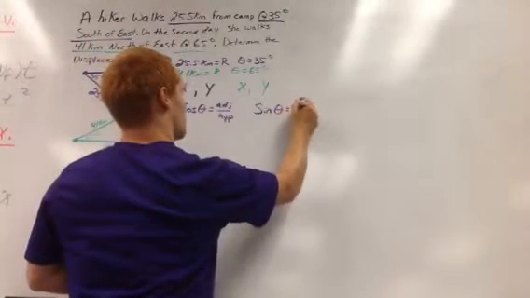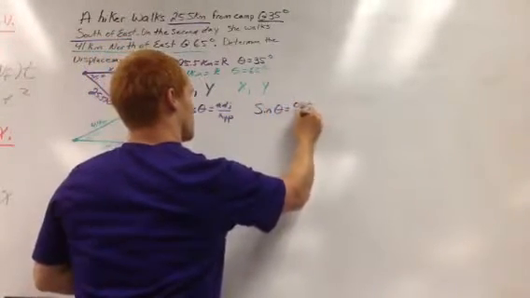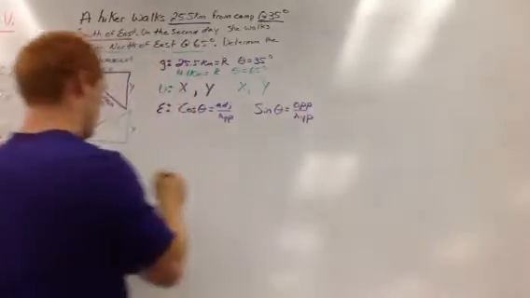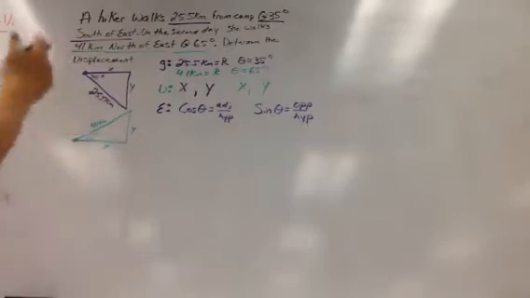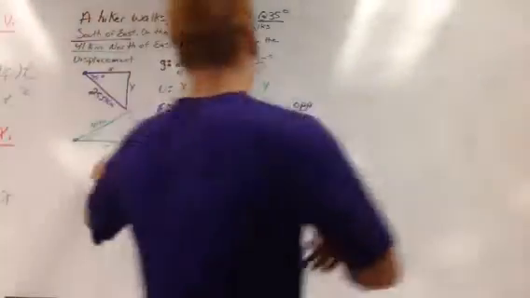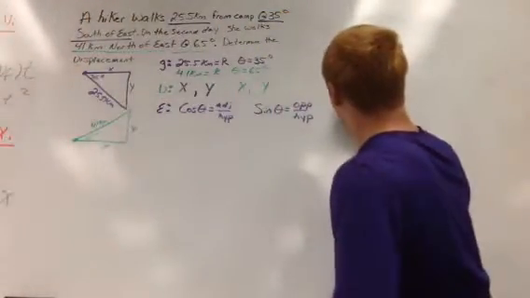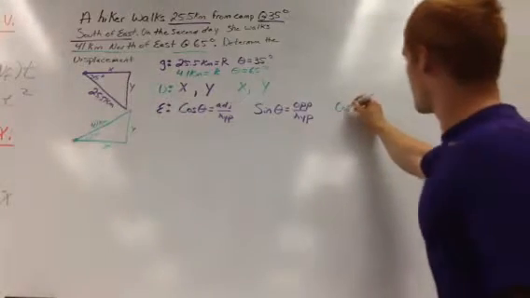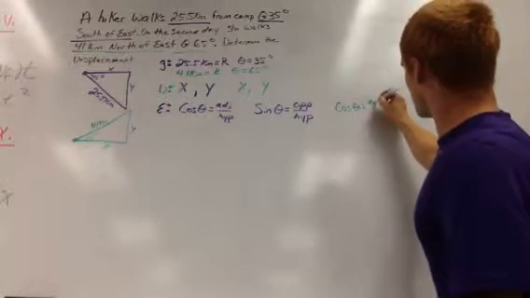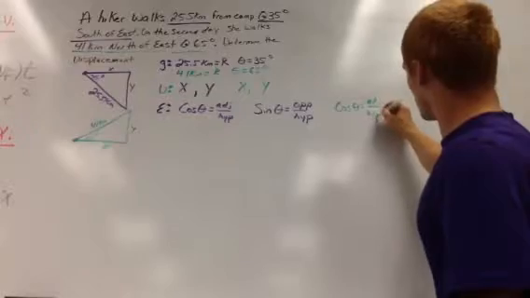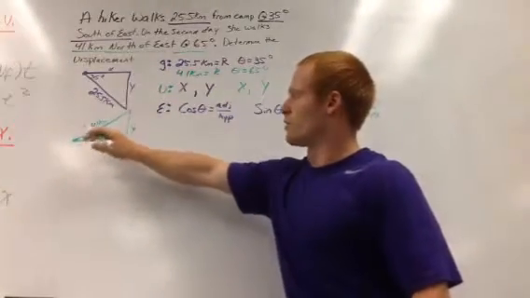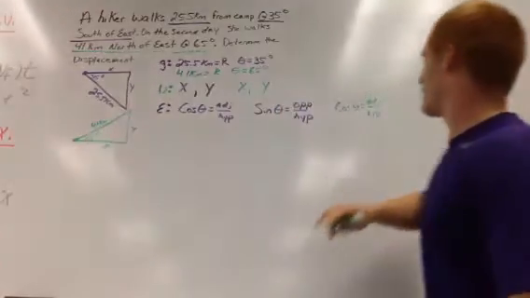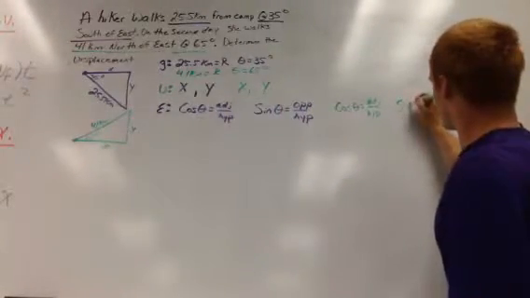Sine theta is opposite over hypotenuse. Triangle 2, hypotenuse, theta, solving for adjacent. So we're going to use cosine again. And then for y, we have resultant or hypotenuse, theta, solving for opposite, so we use sine again.